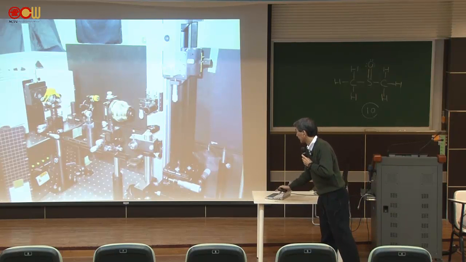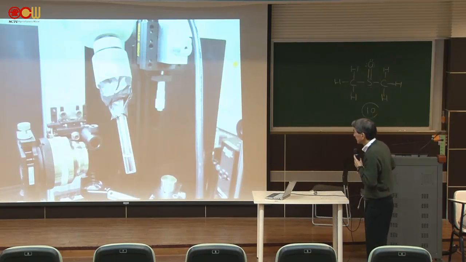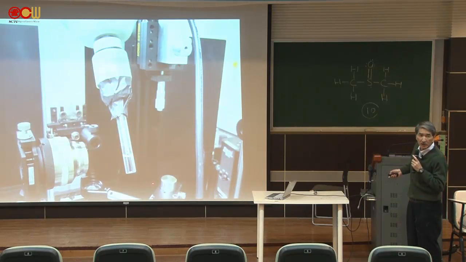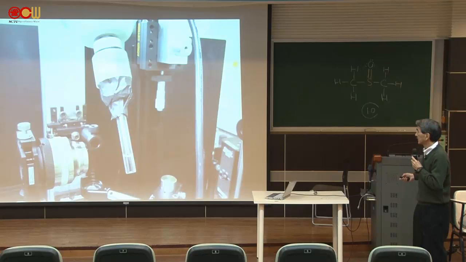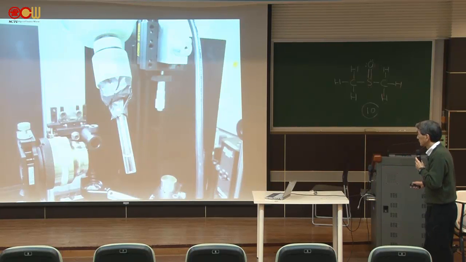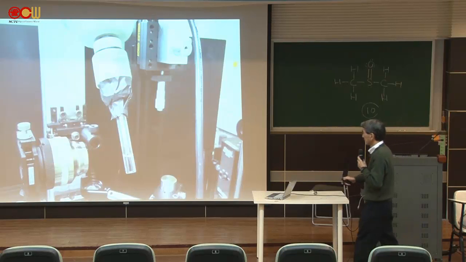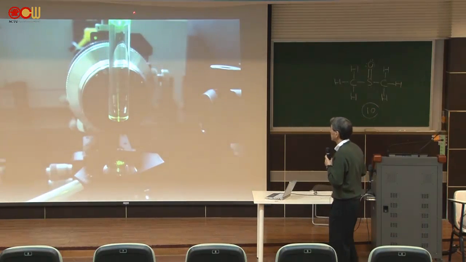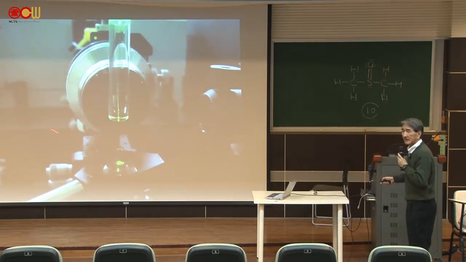And this is a cell which contains some liquid sample. And in order to avoid heating, we want to rotate the cell like that. So we spin the cell by using this motor here. So the cell rotates like that. And then we put the cell. Then this is a lens collecting light scattering.